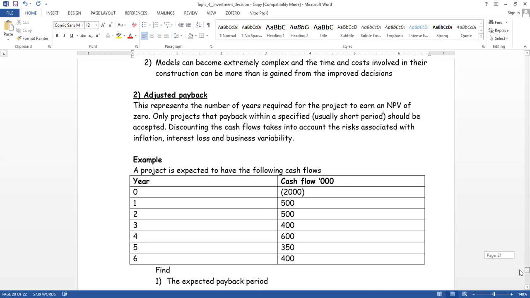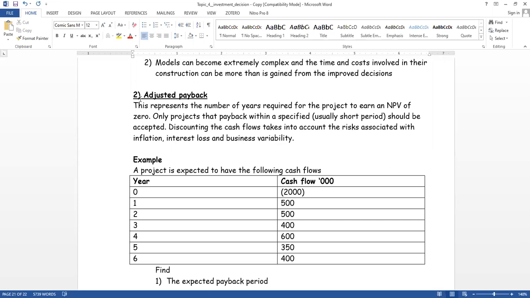I think we looked at payback period. So with adjusted payback, you need to discount the cash flows, okay?